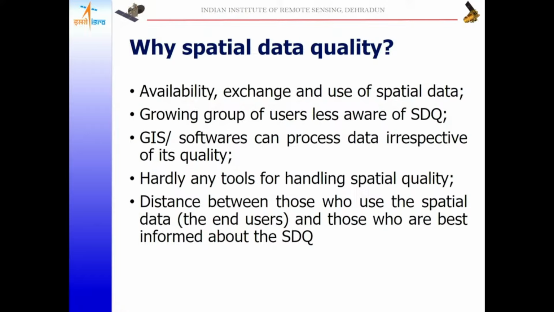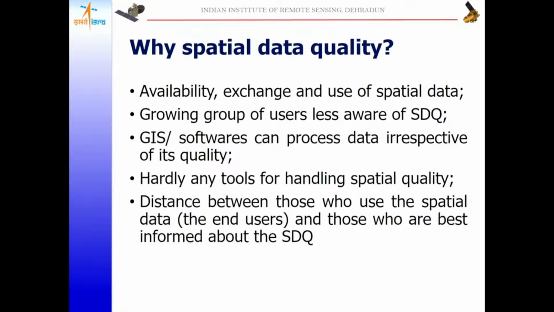They are just processing things according to your instructions and whatever analysis you are doing. So hardly any tool handles spatial data quality. That is why it has to be assessed separately, apart from this software, by seeing, analyzing, visualizing, doing mathematical things and equations, and using modeling. All these things are there.